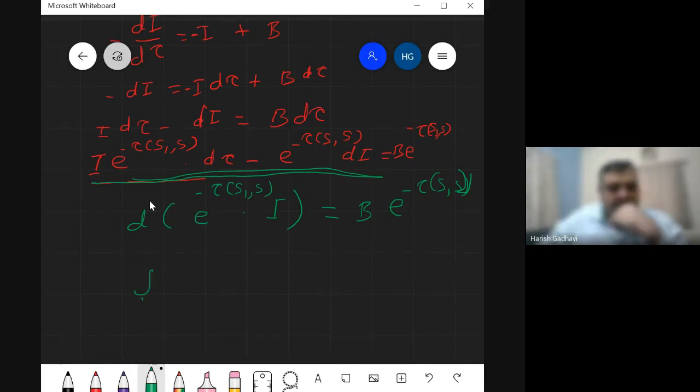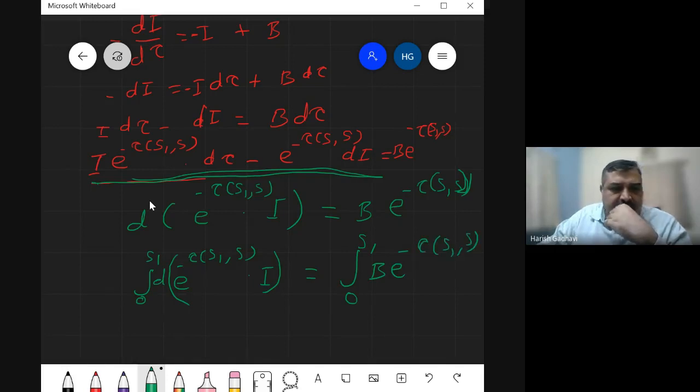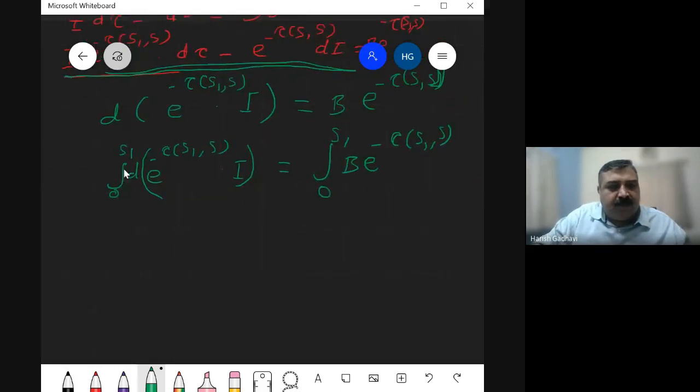So I say integration 0 to S1, for example. Of course, this is straightforward. You know the integration, and then there is a differentiation, so you can simply write down this term.